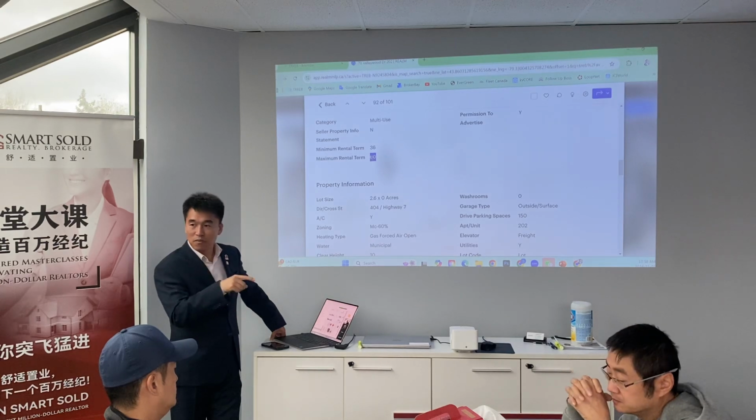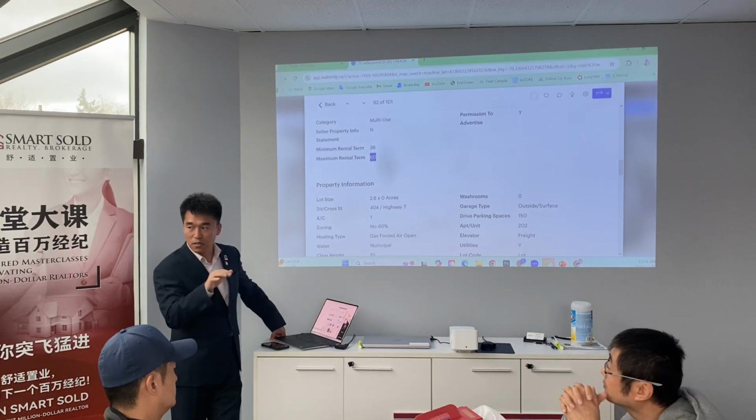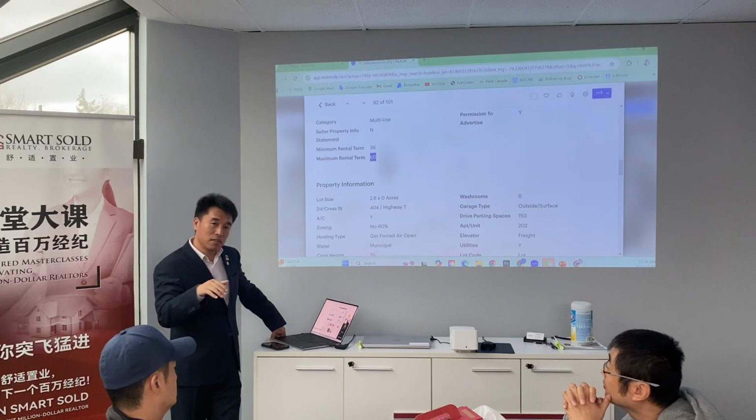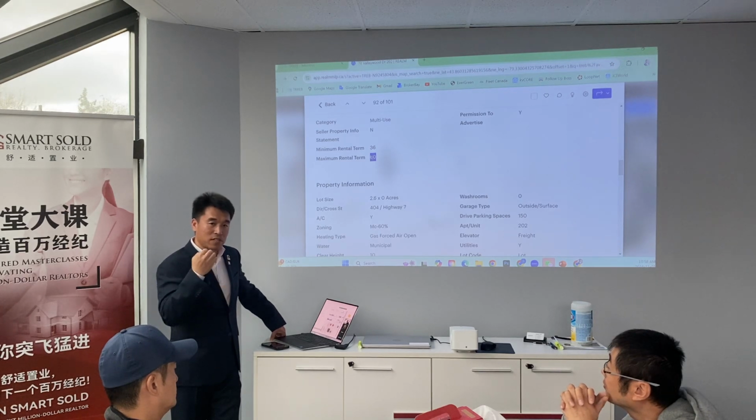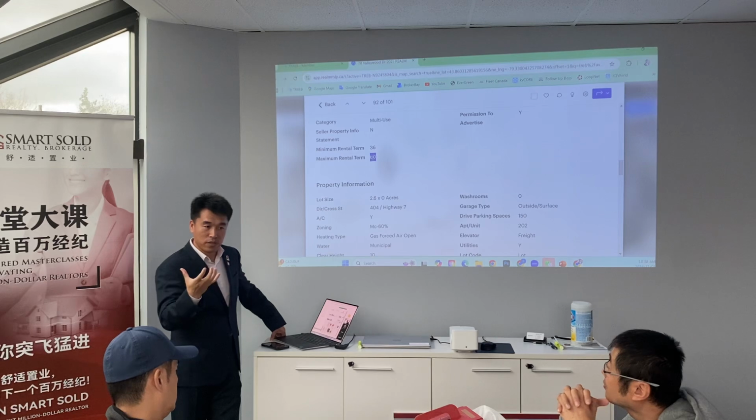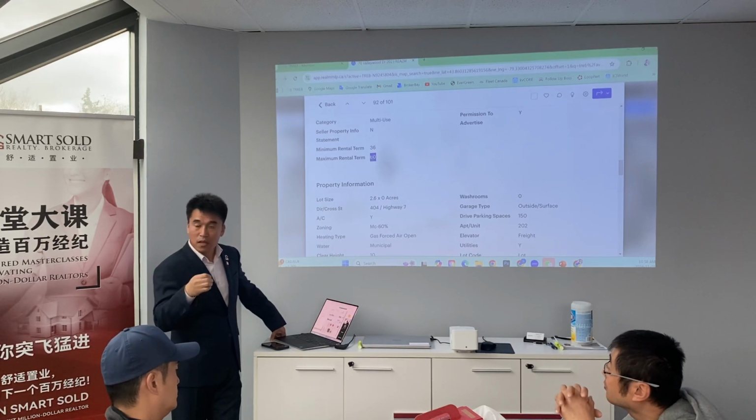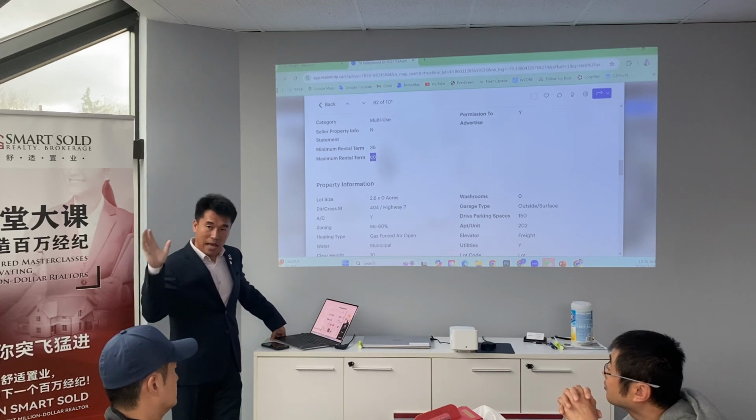So the 5th year is gonna be 29 per square foot per year. And then the tenant has the right to renew another term with a 3-year term, with that moment's market price.